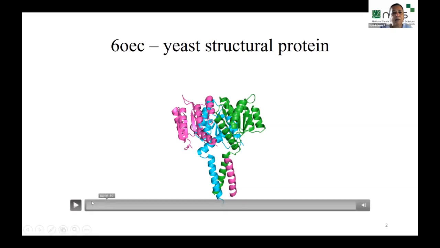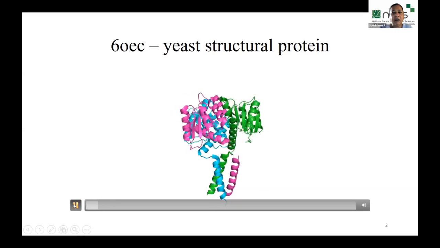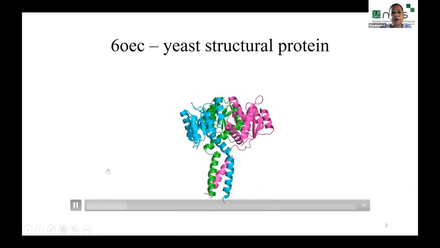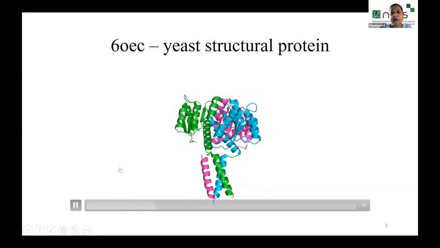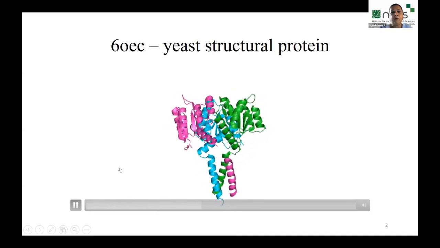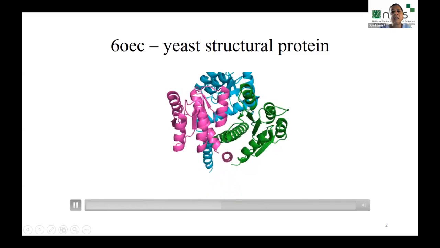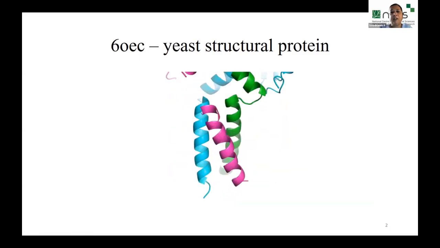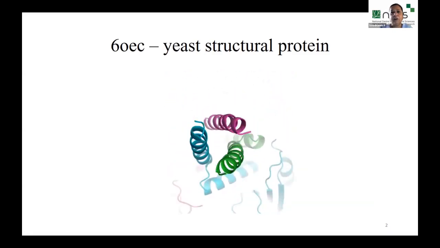Here it seems almost like girders holding the larger domains, as it were. And it becomes so important to appreciate the presence of multiple domains that constitute a protein, right?